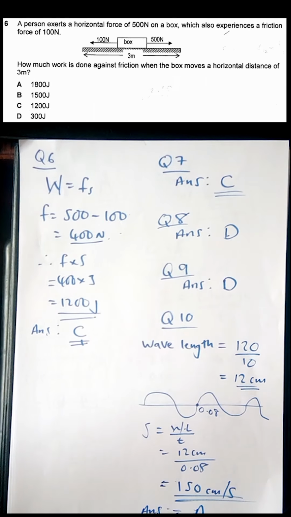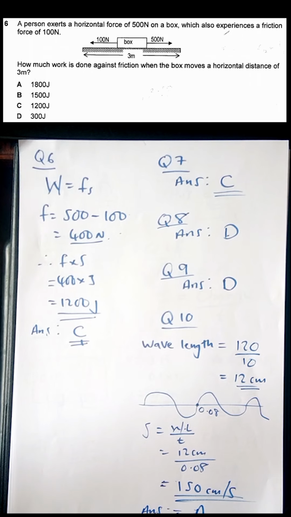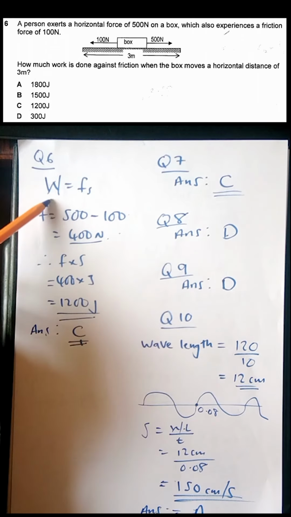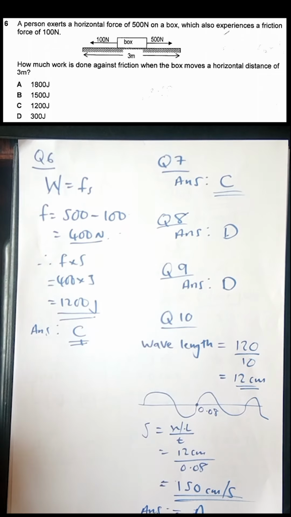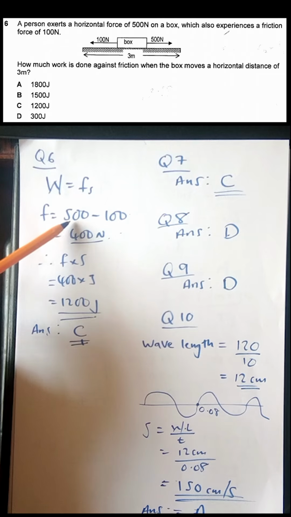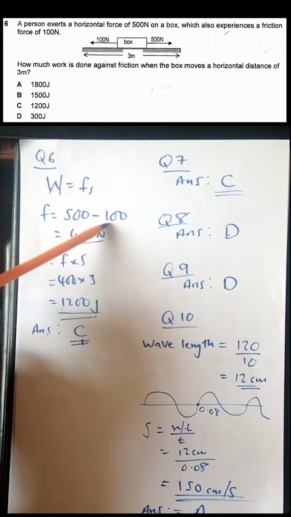We move on to question number 6. A person exerts a horizontal force of 500 newtons on a box, which also experiences a friction force of 100 newtons. So how much work is done against friction when the box moves a horizontal distance of 3 meters? We know the formula for work. Work is force times distance. And the force which this person exerted was 500 newtons. But he had to overcome friction of 100 newtons.